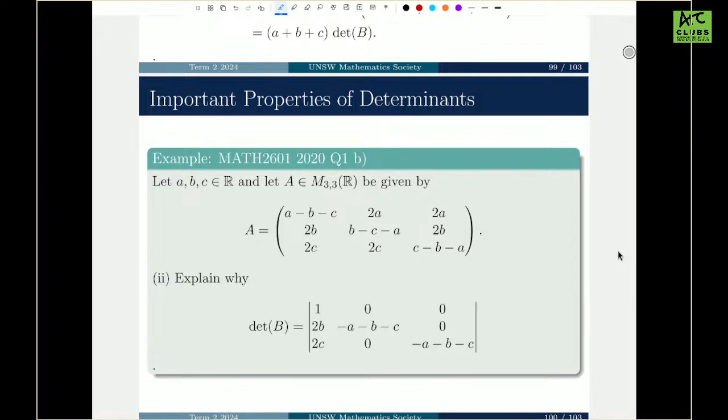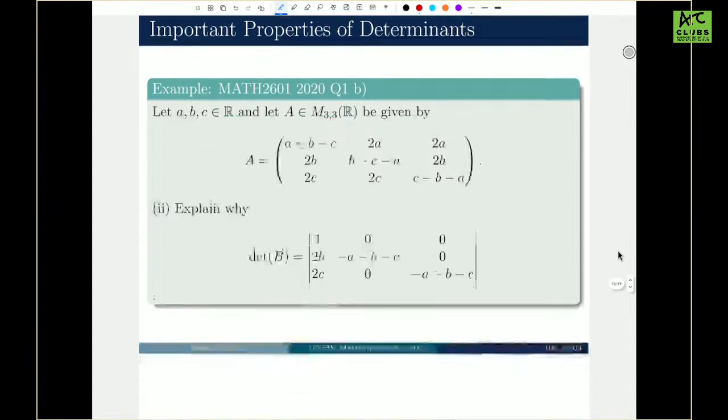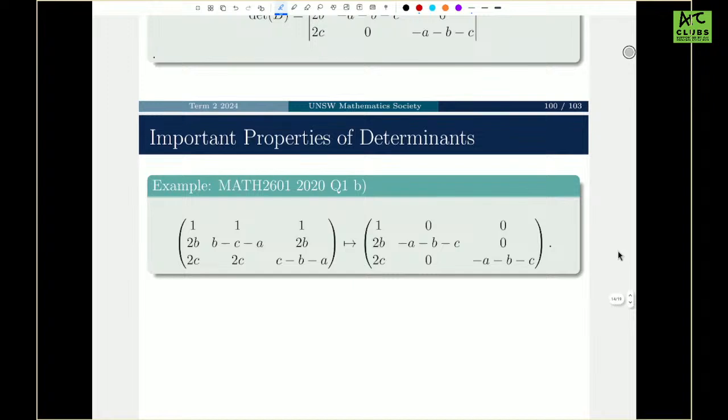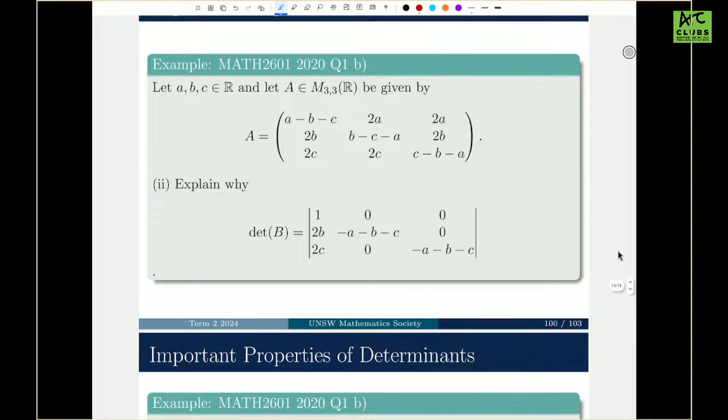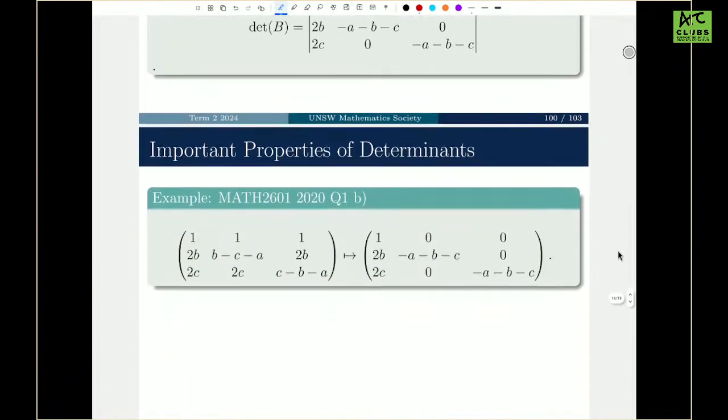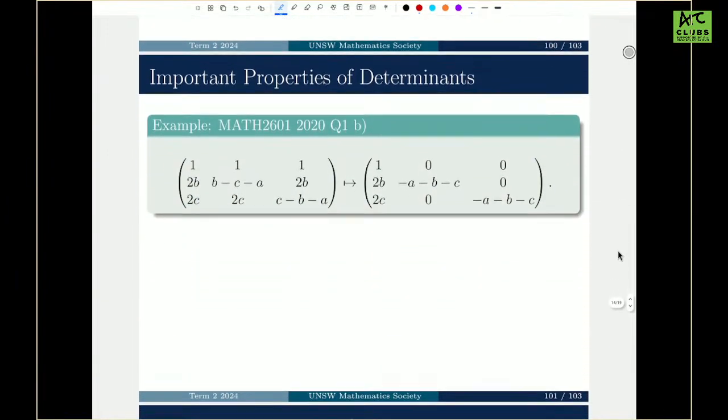Okay. So we want to look at the B matrix, and we want to think of some kinds of operations we can do to maybe get it into the form that they're asking for here. So what we're going to do is leverage the fact that determinants are unchanged under transposition.